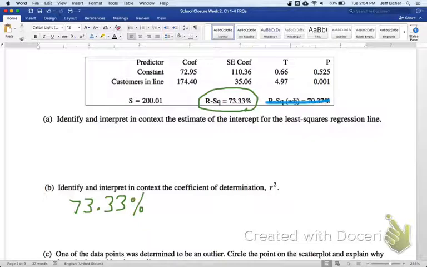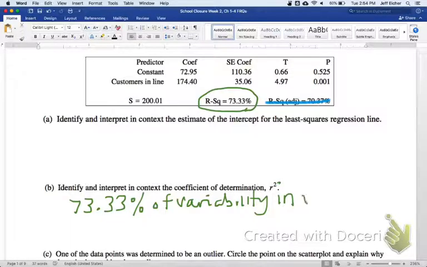R squared tells us the percentage of variability. So 73.33% of variability, or variation, in the response.